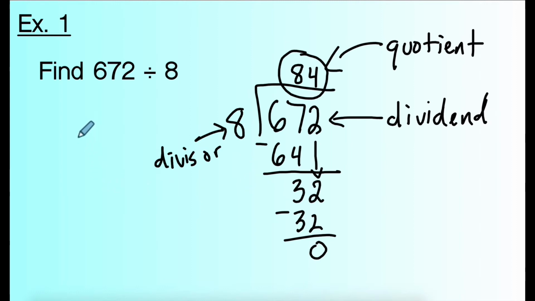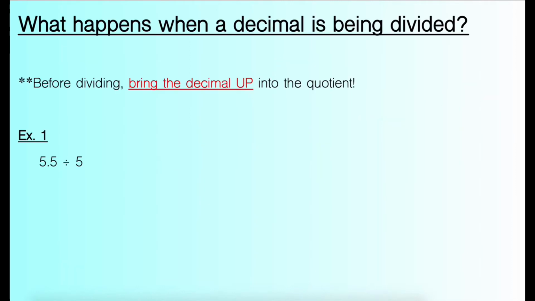All right, so now let's get into decimals when you're dividing. We're going to still be doing long division, so if you're still a little bit like, I need a little more work with long division, we're still going to do it. We're just going to put some decimals in, and nothing too crazy. Before you divide, if you have a decimal that is being divided, the number that you're breaking apart, when you set the problem up, you're going to bring the decimal up into the quotient before you start.